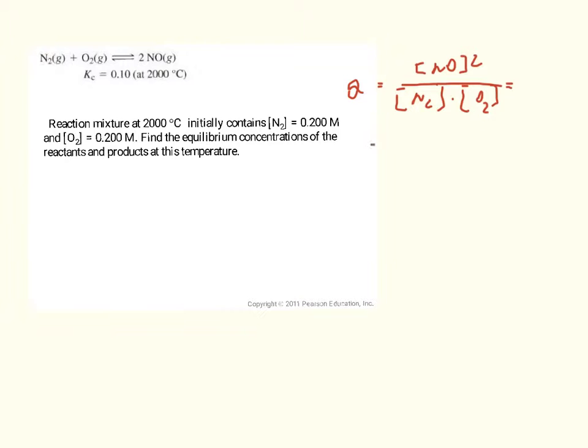Let us plug in numbers, and these are not equilibrium concentrations, they are just the concentrations which are provided. So we only know initial concentrations for all these participants. It's 0 at the initial moment of time for nitrogen monoxide, over 0.200 squared, because both initial concentrations are the same, and the answer is 0, of course.